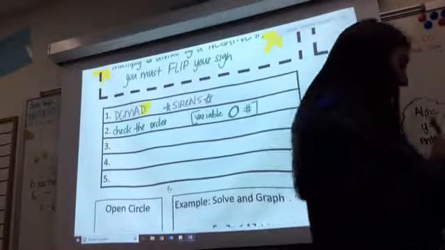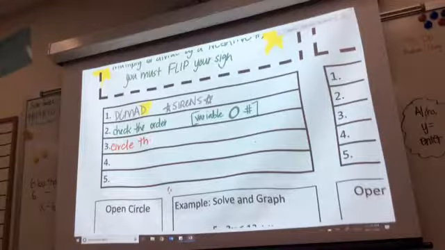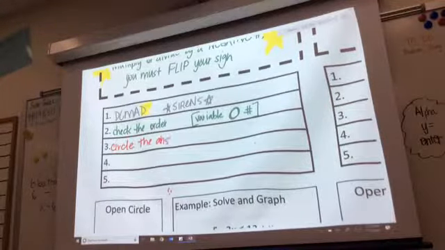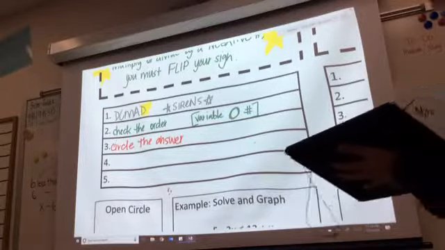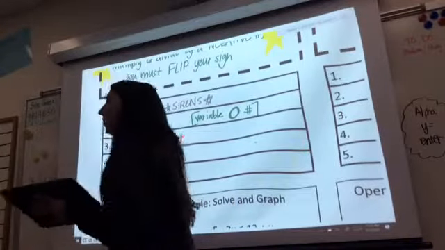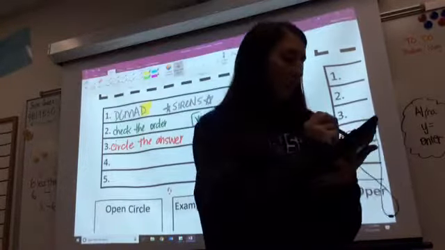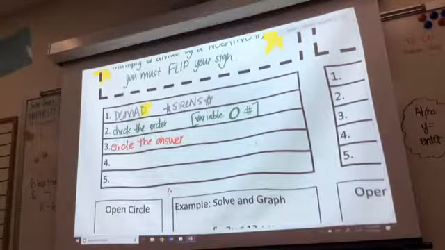Once we check the order, we're going to go to our number line and circle the answer on our number line. So we solve, check the order, circle the answer. Now, once we circle the answer, we've got to decide two things. Is it an open circle?